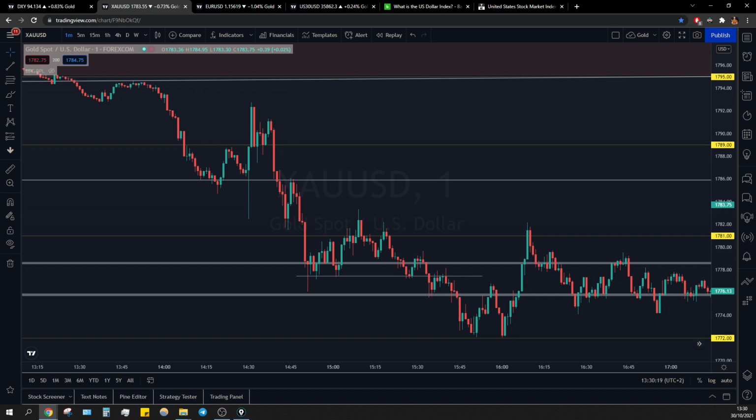But it's very important to understand that gold is not a currency. Gold is a precious metal and is traded in a very different way. It's dependent on the supply and demand of gold, on inflation, on the hedge against inflation, and on the sentiment of investors.